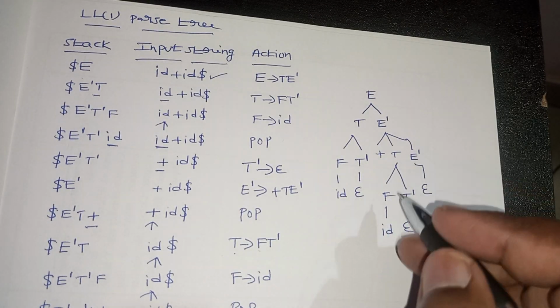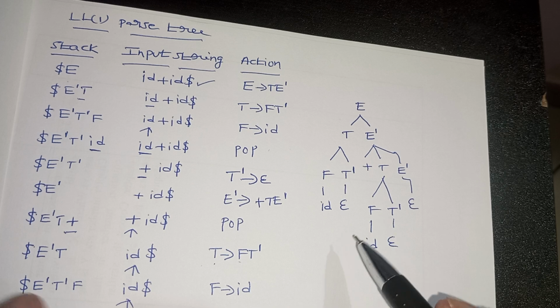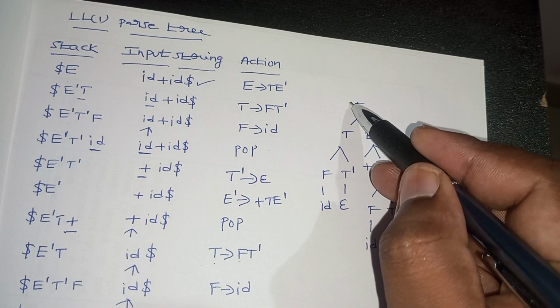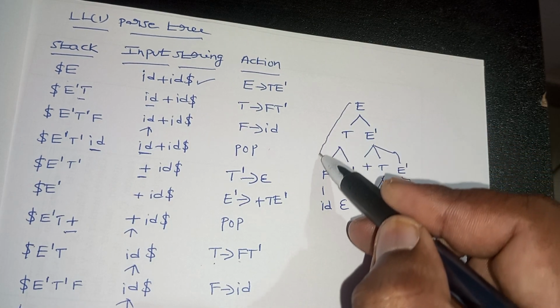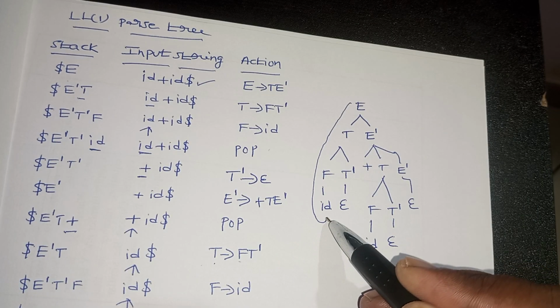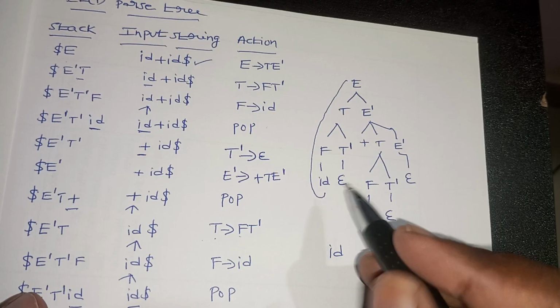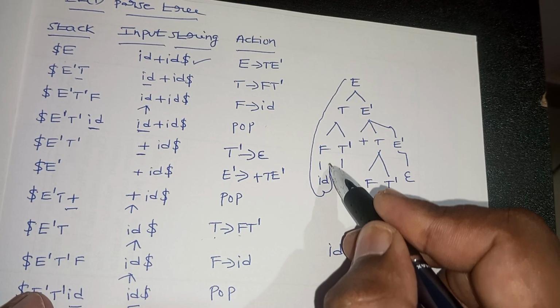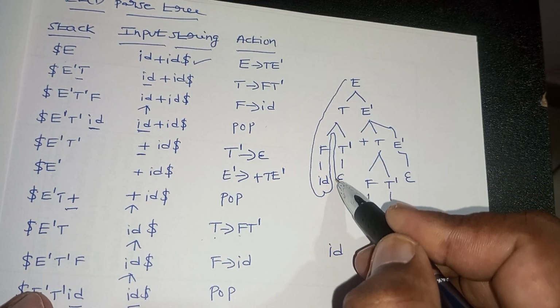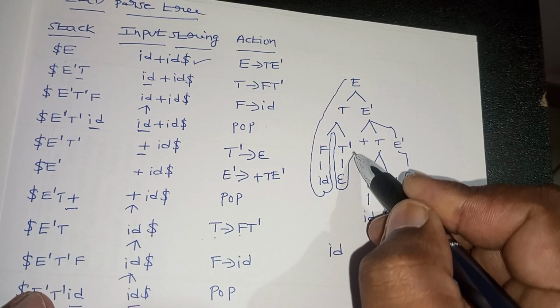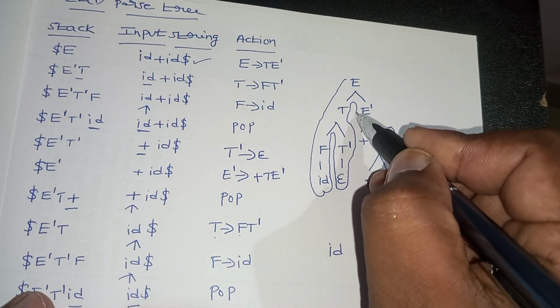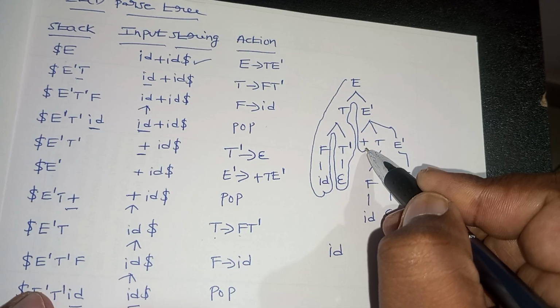Now how to print the output for this? Like this, top to bottom. When you see a terminal, write it in the output: id. Don't write epsilon. Plus.